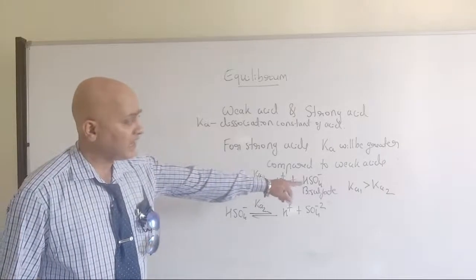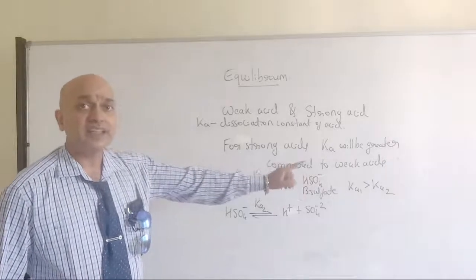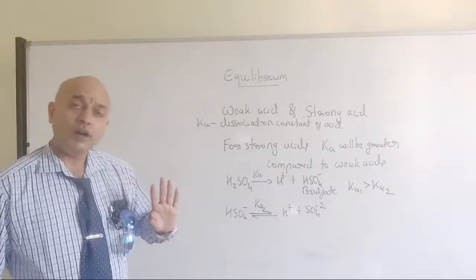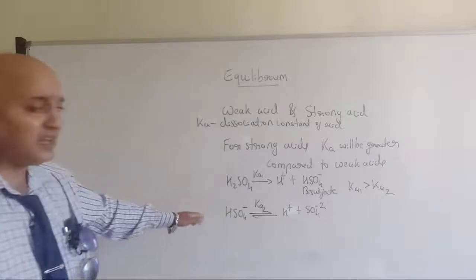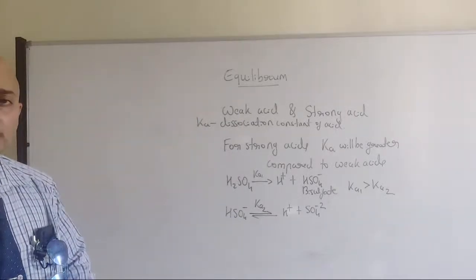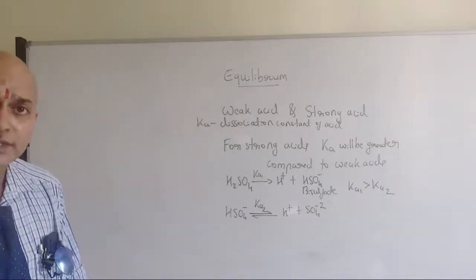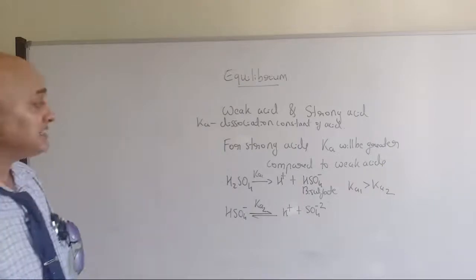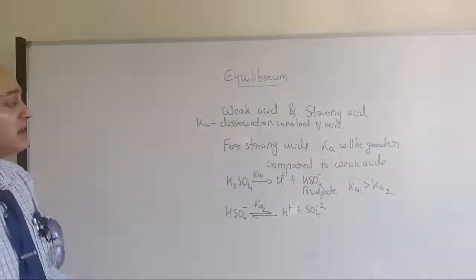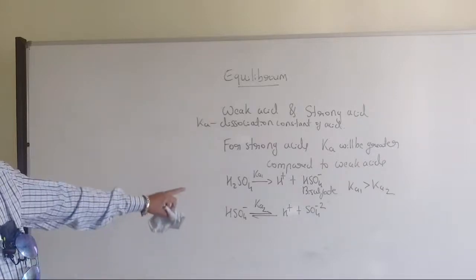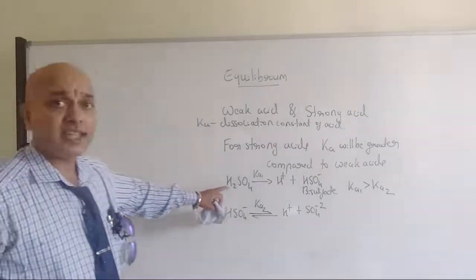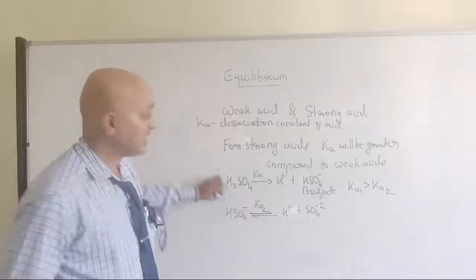So therefore the Ka1 value will be greater than Ka2. All of you have understood? So don't think that sulfuric acid is going to release all the H plus at once. No. First H plus will be released very fast. Second H plus will be released after some time. That's one of the examples for polybasic acids.